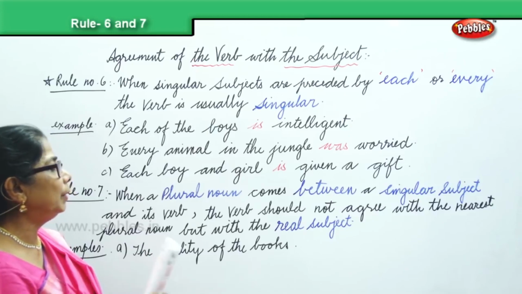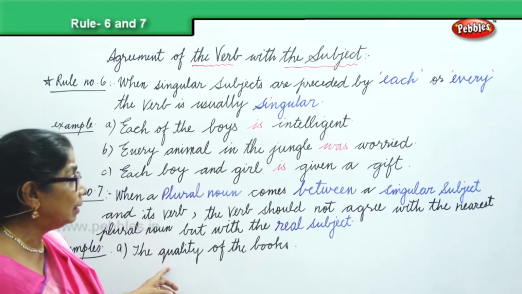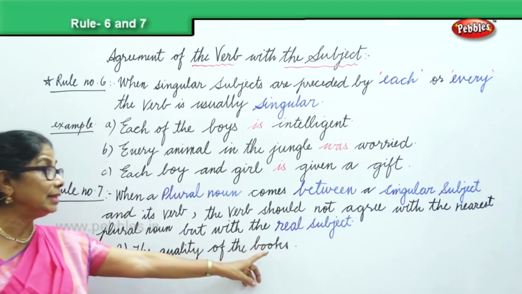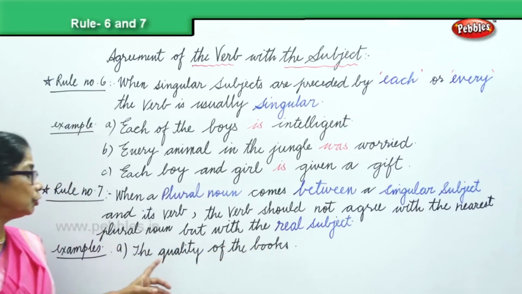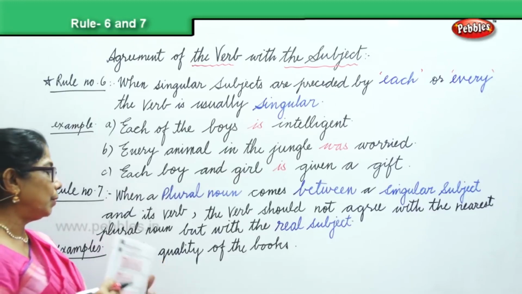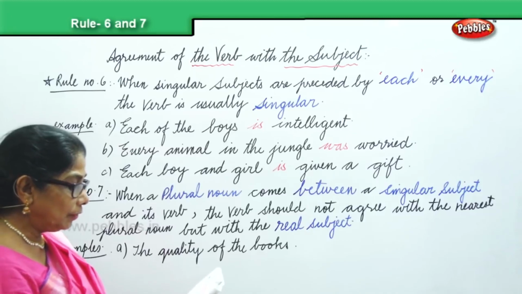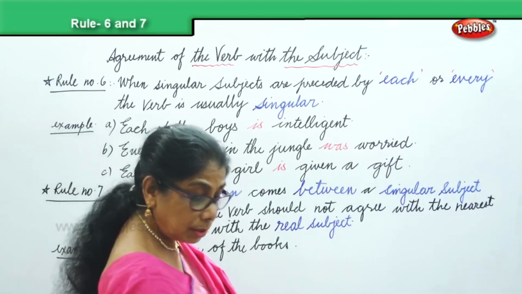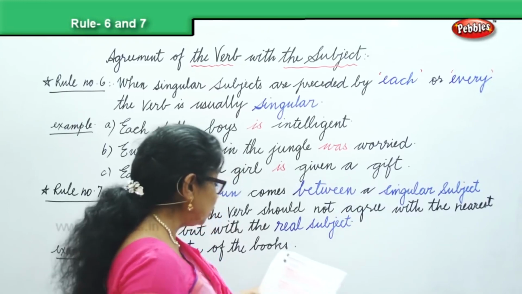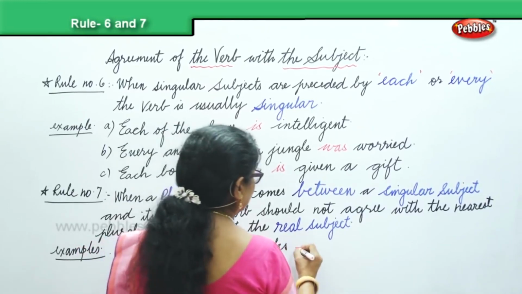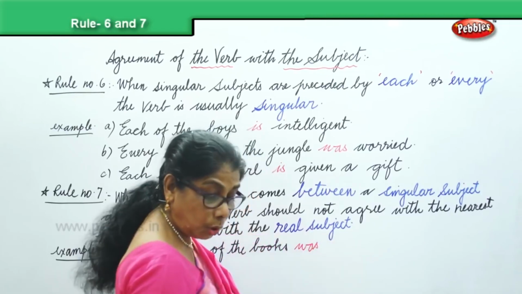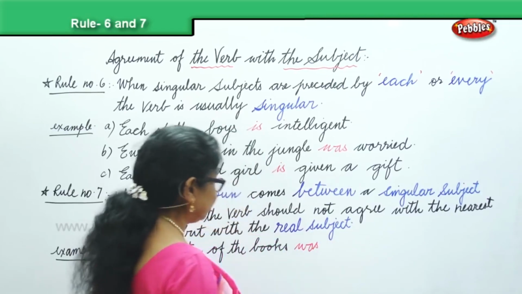Then the verb should not agree with the nearest noun. The nearest noun is books, so it should agree with the real subject, the quality. So the quality of the books was not good. The quality of the books was singular.